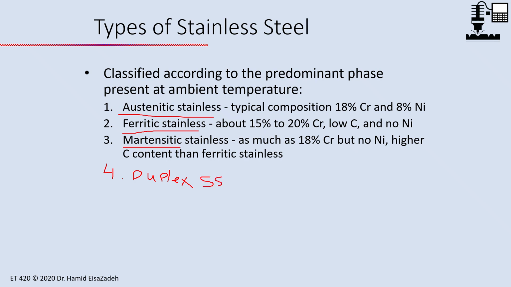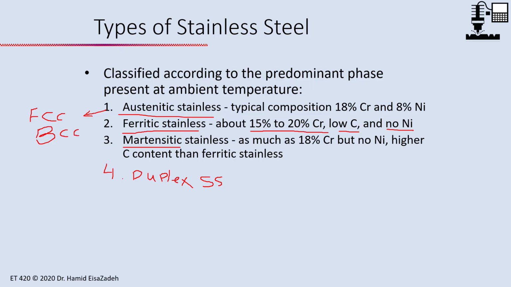In austenitic stainless steel, the microstructure or phase is going to be austenite, as it says, and the crystal structure is FCC. In ferritic steel, we have no nickel, it's chromium and low carbon, and the material is going to be in the BCC crystal structure.